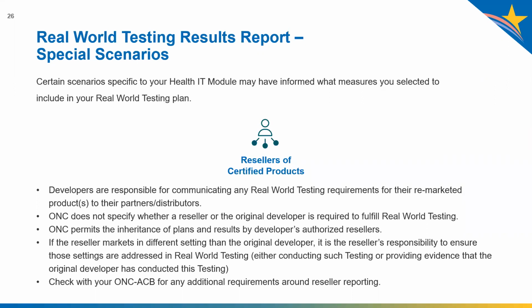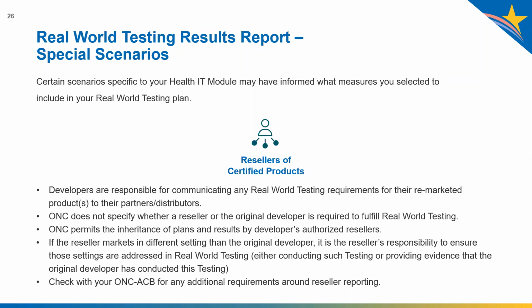The one caveat that I want to mention is that I just talked about care setting types, right? And so you, as the original developer, may have covered all of your care setting types in your real world testing. And let's just say that you are a developer that's allowing for the inheritance of your plans and results reports. Well, if your reseller is marketing the certified health IT in a care setting type that you don't market it in, then that care setting type still needs to be covered.